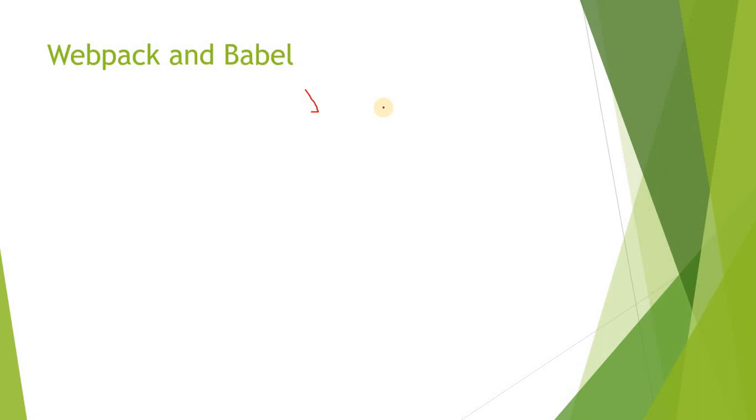In this situation you want a translator to translate your code into a specific format that can be easily understandable by the browser. So if your React code is not understandable by the browser, we will use Babel. So what is Babel?